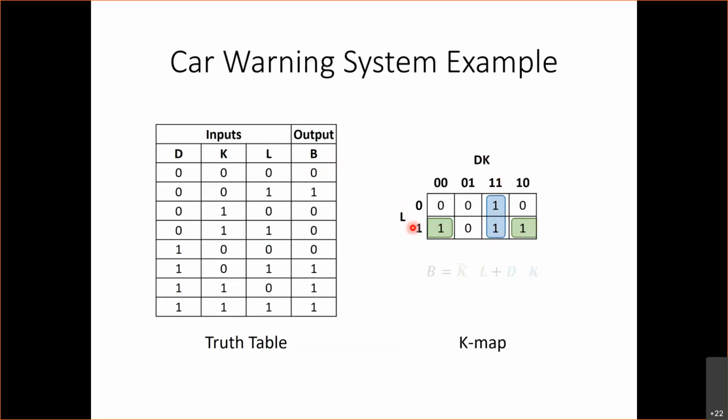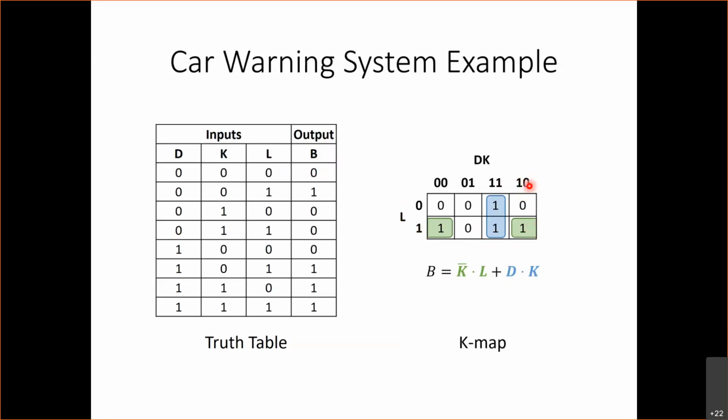So here the blue rectangle corresponds to DK. And then the green rectangle corresponds to, I guess the answer is already on the slides. This is one of the drawbacks of using slides as opposed to explaining on the board. So here the green rectangle corresponds to when L is 1, so this row, and when K is 0.